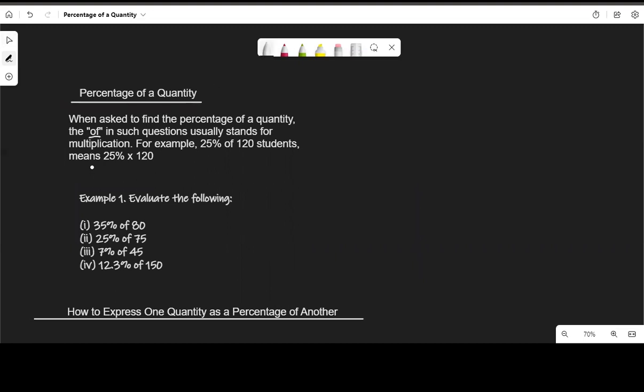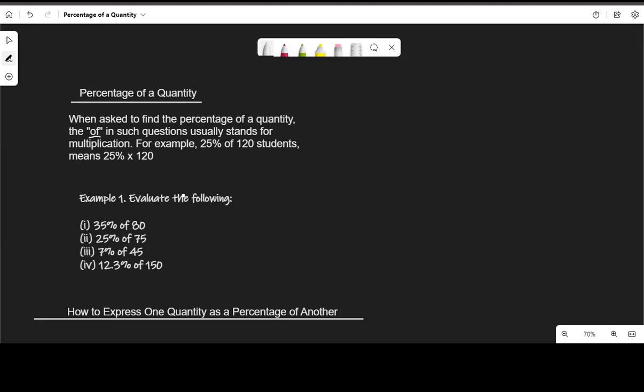For example, 25% of 120 students means 25% times 120. So this kind of expression is what we want to work on in this class.